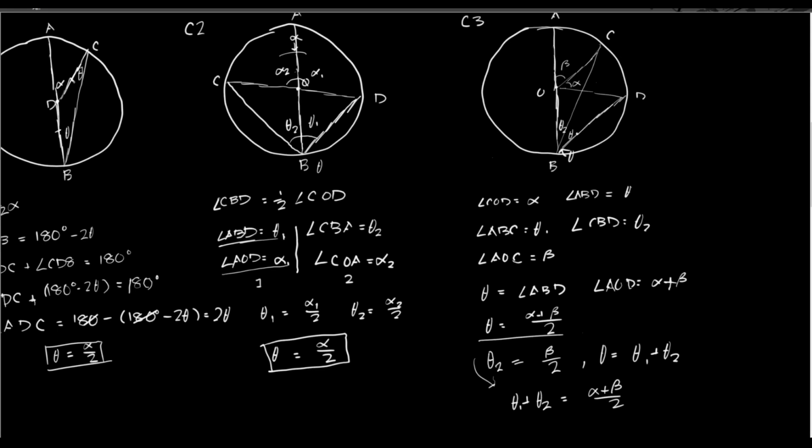But since we know that theta 2 is already equal to beta over 2, we can subtract theta 2 and beta over 2 from both sides of our equation to get theta 1 is equal to angle alpha over 2, which is exactly what we wanted to prove.